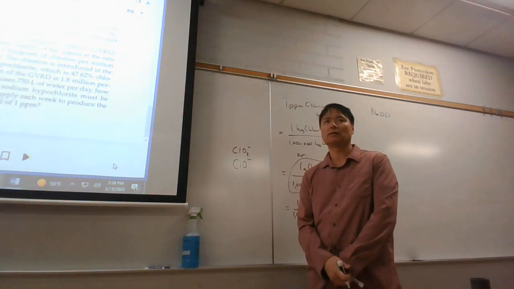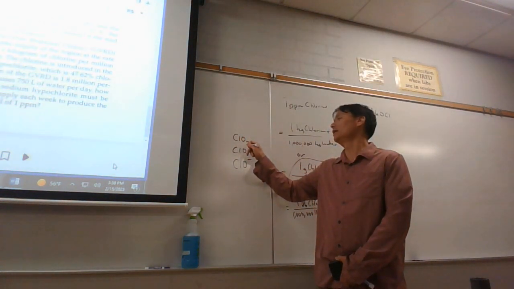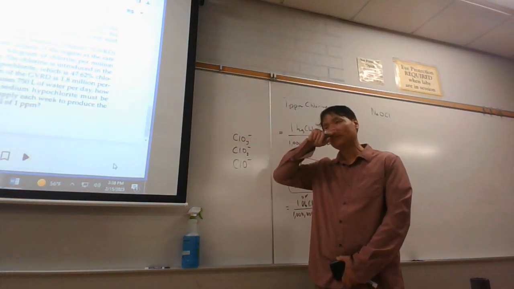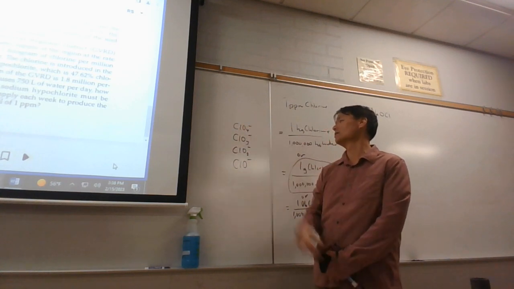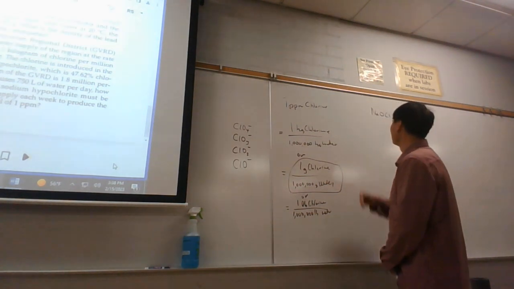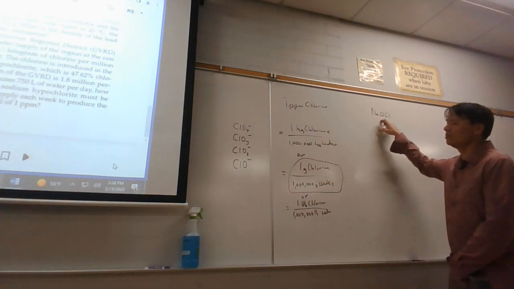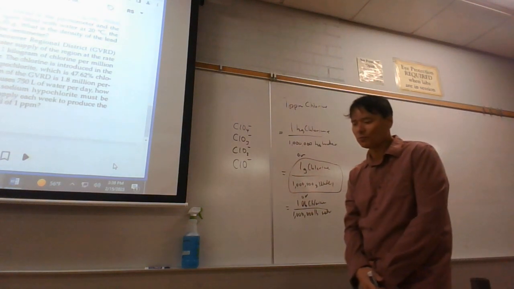What's chlorate? ClO3 -1. What's perchlorate? ClO4 minus. So sodium hypochlorite is a salt; they take this salt and mix it with water to make bleach. And so they add a little bit of bleach to water.